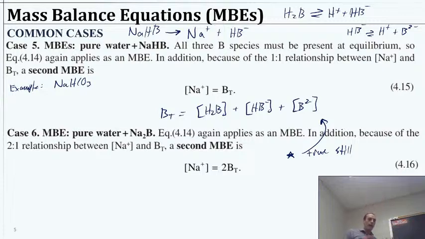Okay, so then if we add Na2B, the real difference here is that we're just simply getting a different stoichiometry. We have 2 sodiums for every 1 B. You can tell just by looking at this, the amount of acid we're adding has also changed, right? We are no longer adding an H for every molecule of the stuff that we're adding. So this is going to be a more basic form of the stuff.